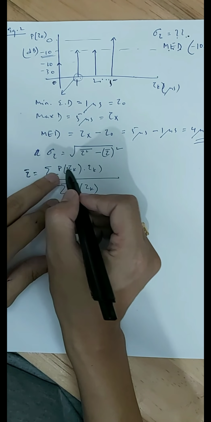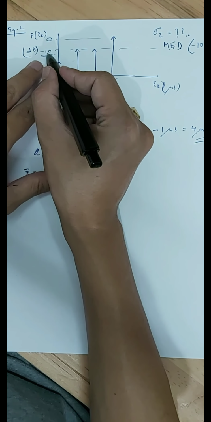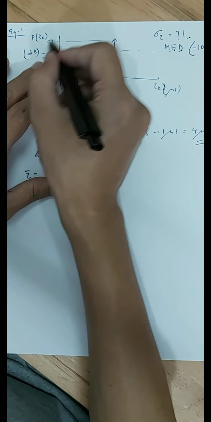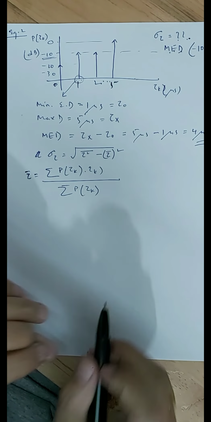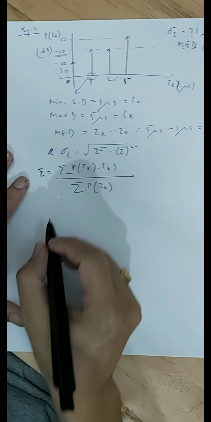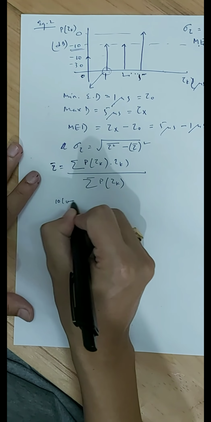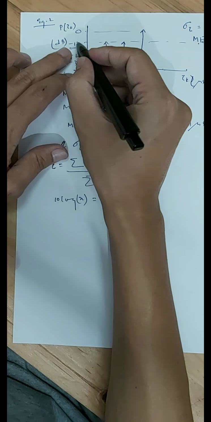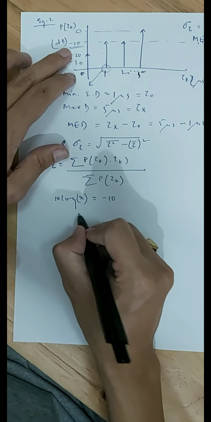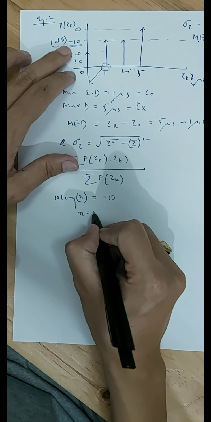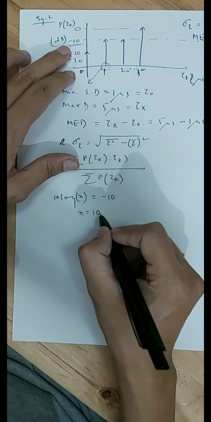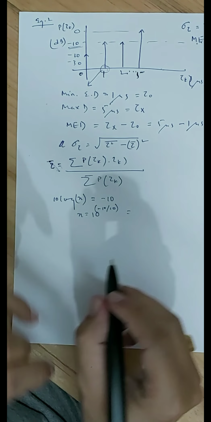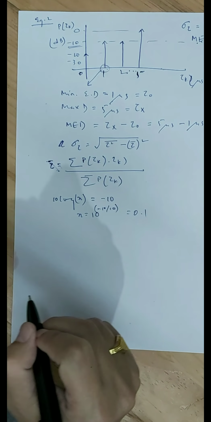How to find it? We'll not take directly because this is in dB, so we need to convert this into linear scale or normal scale. How to convert that? 10 log x equals minus 10 for this case, right? X equals 10 to the power of minus 10 divided by 10, that will come around 0.1.